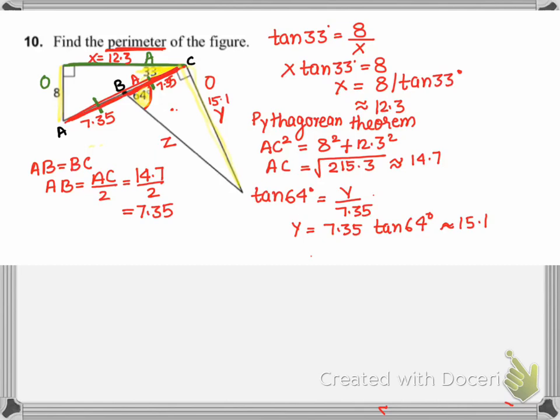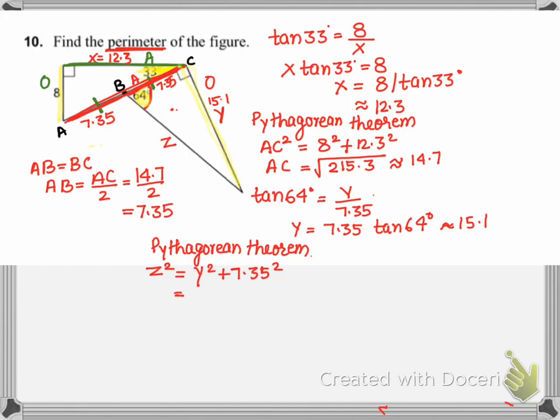Now I have to find z. How to get z? Now I see the bottom triangle, this is a right triangle, and I can use the Pythagorean theorem again. So we'll be using Pythagorean theorem, and we'll be finding how much is that. So I say that z square is y square plus 7.35 square. Let's plug it in here.